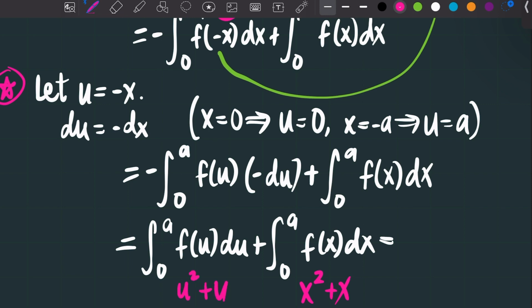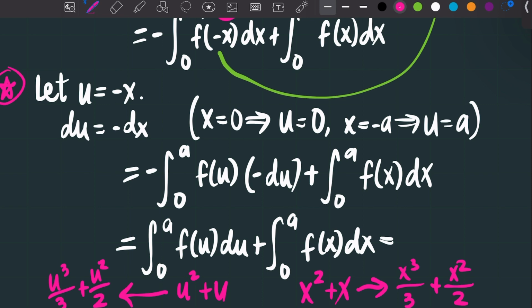So they're the same function. And if kukunin natin yung integrals nila, this becomes x cubed over 3 plus x squared over 2. This one becomes u cubed over 3 plus u squared over 2. So, they're still the same.